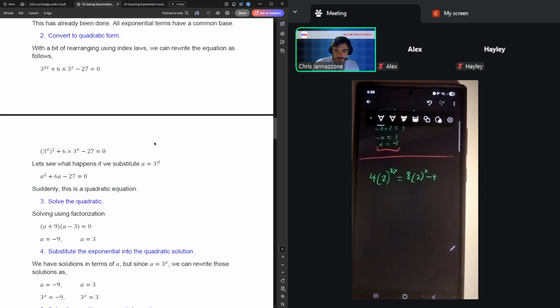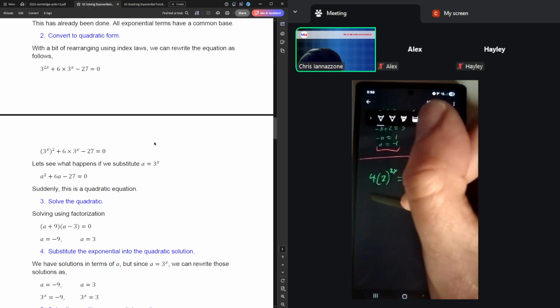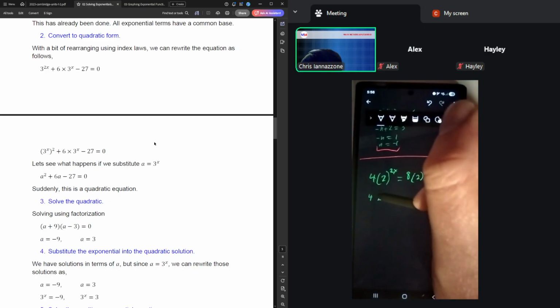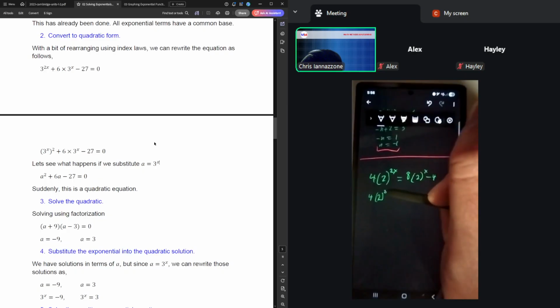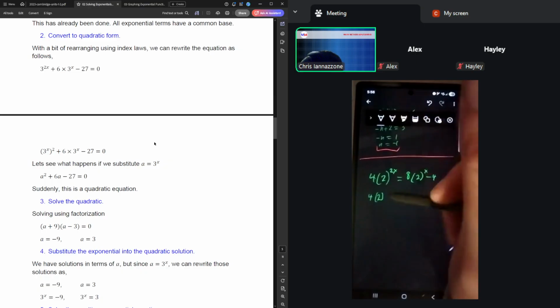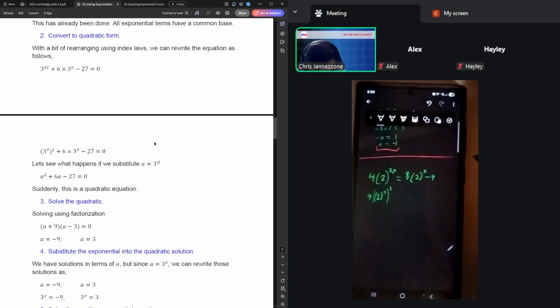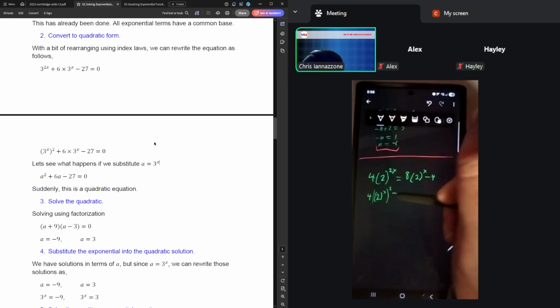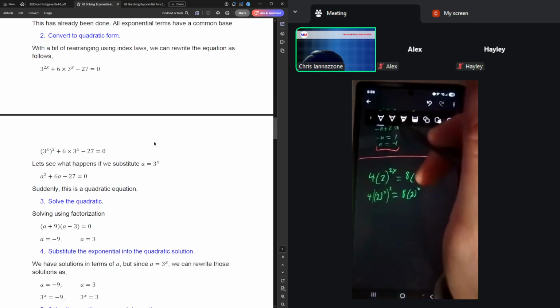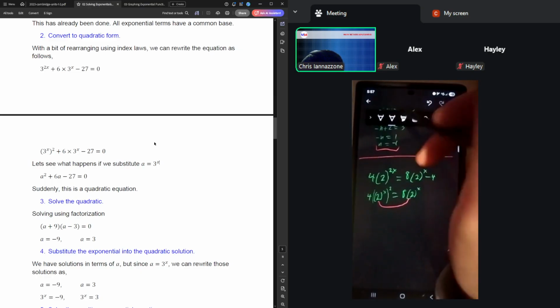In this case, we're able to rewrite everything as a basic form of 2 to the power of x. If you want, you can do a secondary step of making it super clear how this one here can be rewritten. For instance, 2 to the power of x, and then that is squared, using that index law that we have. And now it becomes a lot more obvious that these terms in the middle here are identical.